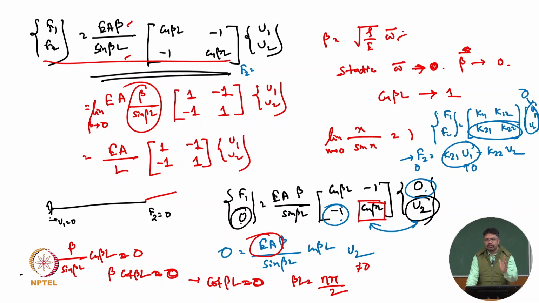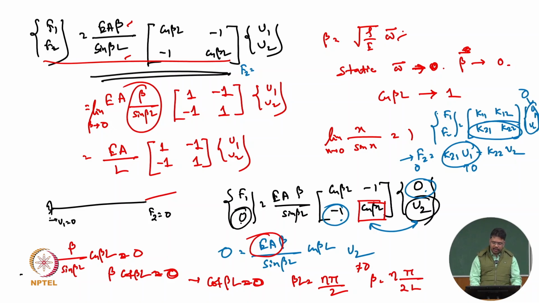You have to understand one point: when we solve a trigonometric function, we do not get a single solution. We get multiple periodic solutions that repeat periodically. So from here, what is beta? Beta will be nothing but n pi divided by 2L.